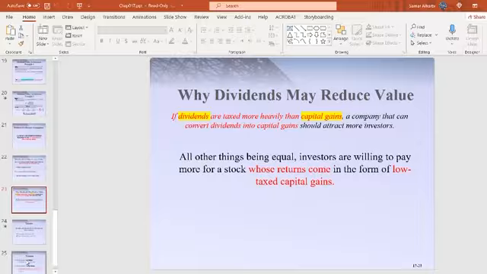All other things being equal, investors are willing to pay more for a stock whose returns come in the form of low-tax capital gains. So if this is correct, investors will be happy to pay a higher price for a stock that doesn't distribute dividends, but uses the money for the growth of the company, producing capital growth or increases in the price. So sometimes this will attract investors who like increases in the price.